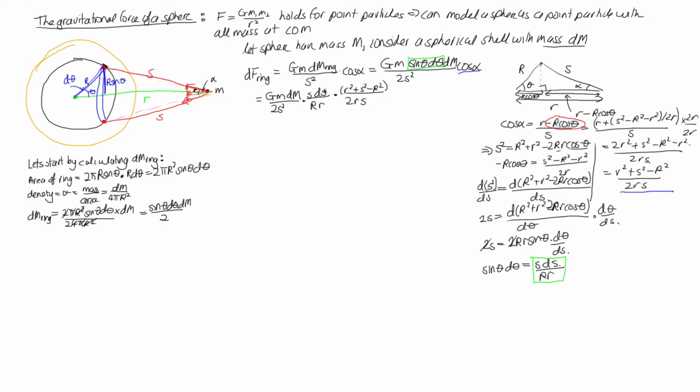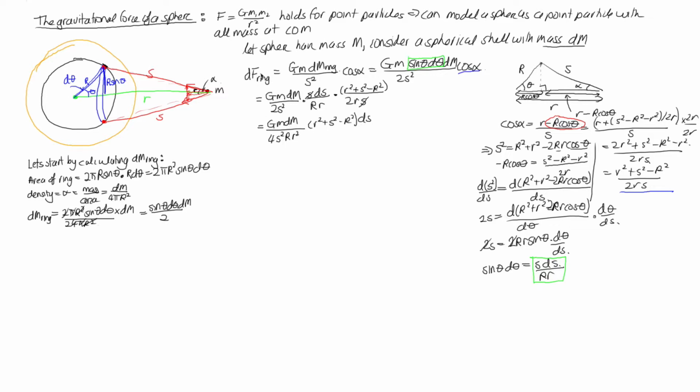Now let's simplify this as much as we can. We've got an s on the top, an s on the bottom. We can put the 2's together, so we can write this as G m dm over 4 s squared R squared r, and then we've got R squared plus s squared minus r squared ds.